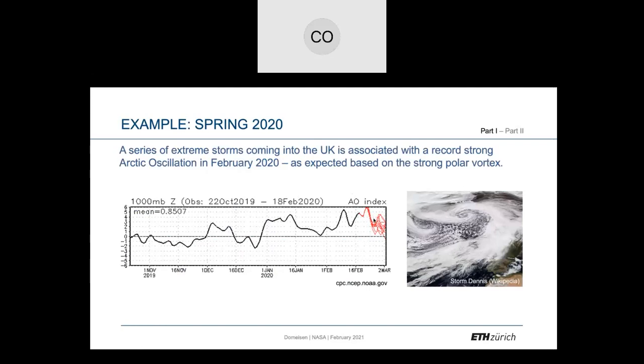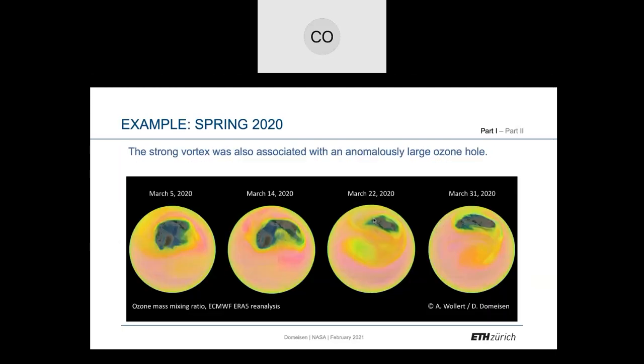Now this event, this extreme strong vortex in the stratosphere in February 2020, was, as I said, associated with the storm series. It was also associated with an ozone hole in the northern hemisphere that was much larger than what is usually observed.